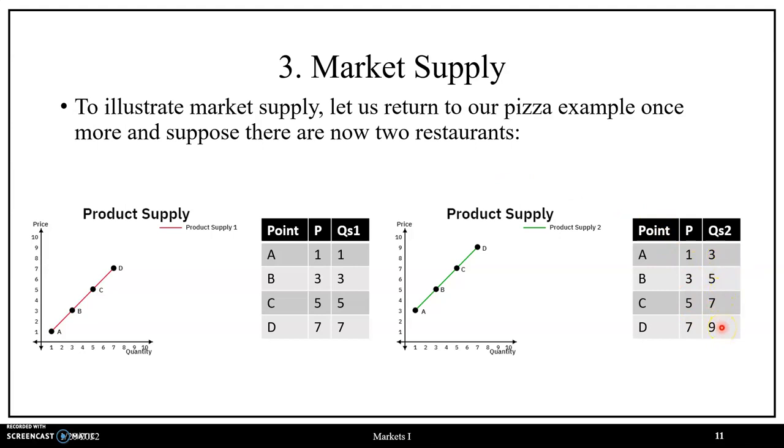And like what we saw with individual product demand curves, our individual product supply curves may be different in that these 2 locations may face different production technology, that is using different types of pizza ovens. They may have different costs in terms of how they're paying their labor. They may face different regulations in terms of their tax and subsidy structures, or they may have different expectations on the future in terms of pizza prices.